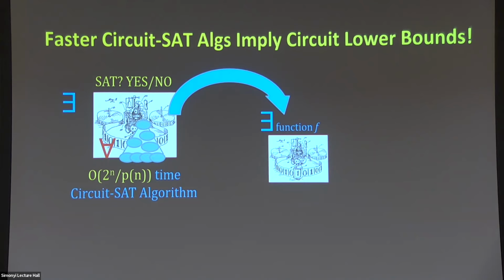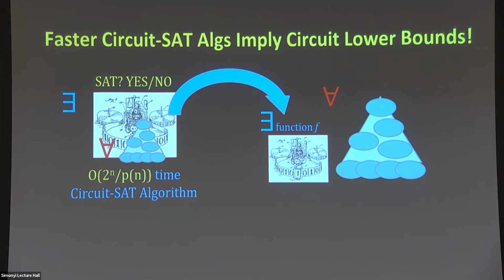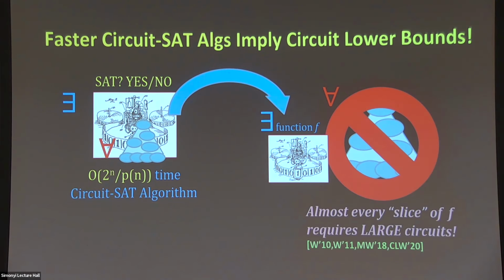There exists some algorithmically computable function, derived from Turing machines, such that for all circuits trying to compute a finite slice of this function, restricting it to some input length n, those circuits cannot compute the function. So almost every slice of this function requires large circuit complexity. It's a way of taking an algorithmic hypothesis, taking methods for circuit analysis, and turning them directly into circuit limitations.